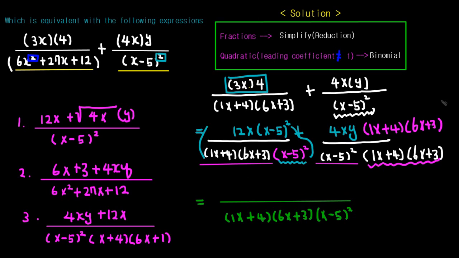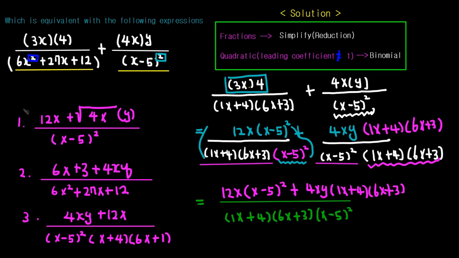And in the numerator, we can just bring the whole expression down, which is going to be 12x times x minus 5 squared, and then plus 4xy times 1x plus 4 times 6x plus 3. We could have just extended this form right over here, but before we do that, let's look at some choices.